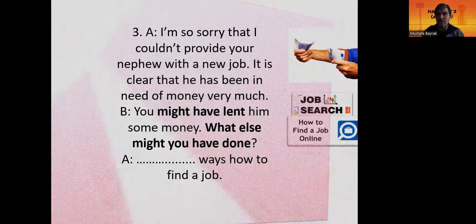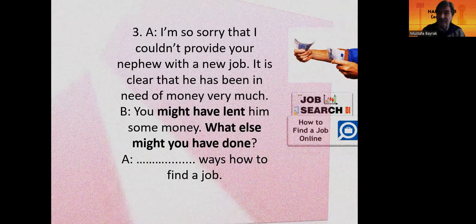Now, dialogue 3. A says, I am so sorry that I couldn't provide your nephew with a new job. It is clear that he has been in need of money very much. B says, you might have lent him some money. You might have given him some money. What else might you have done?